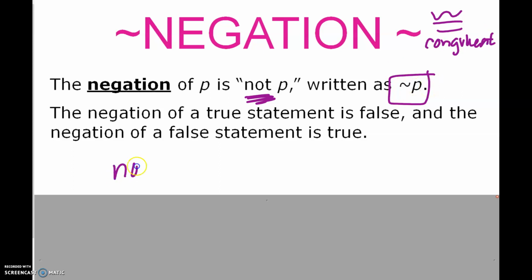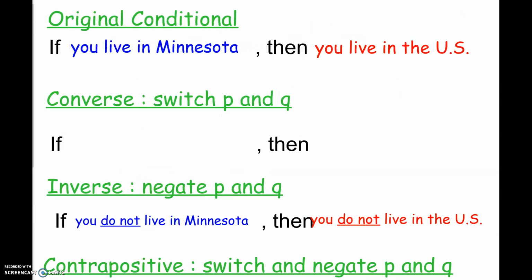This means not P. So you're basically putting in the word not if you are going to negate something. If you have an original statement, if you live in Minnesota, then you live in the US. That is your original statement. This is your P, living in Minnesota, and this is your conclusion, then you live in the United States.